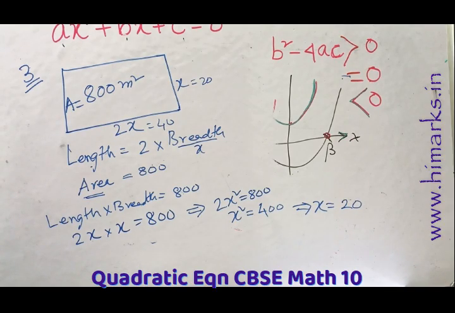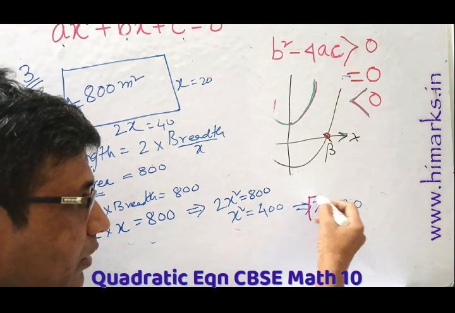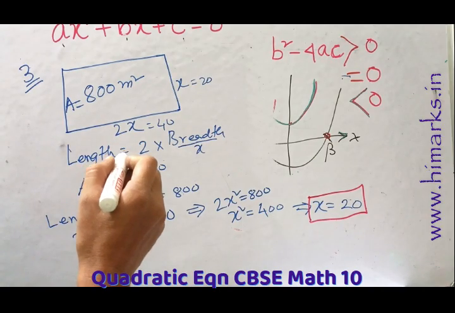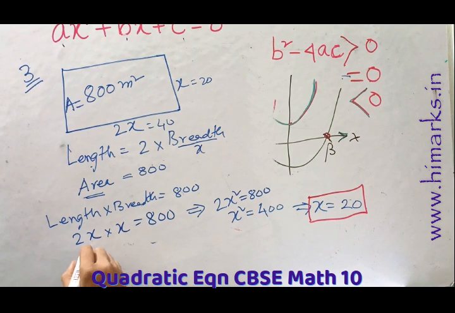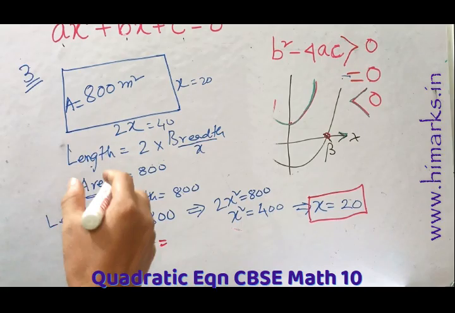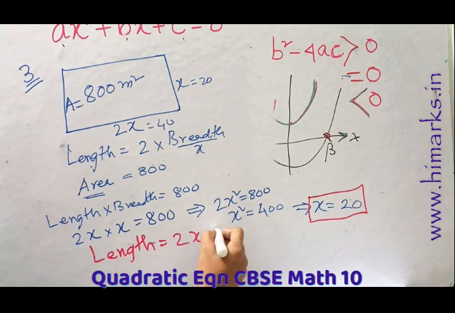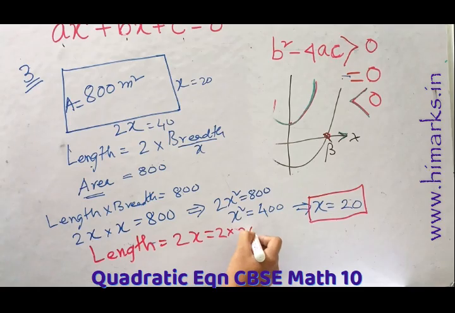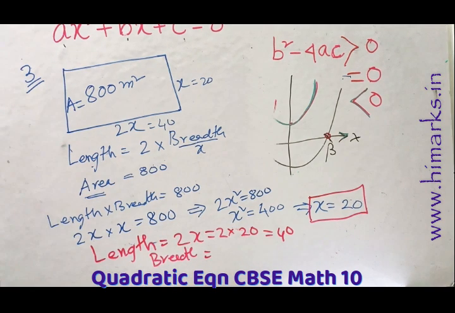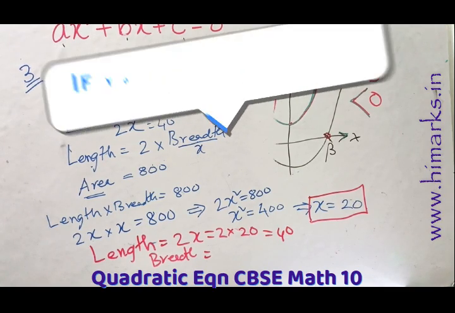So our answer: the length is 2x, so 2 into 20, that is 40, and the breadth, or width, is x, where the x value is 20.